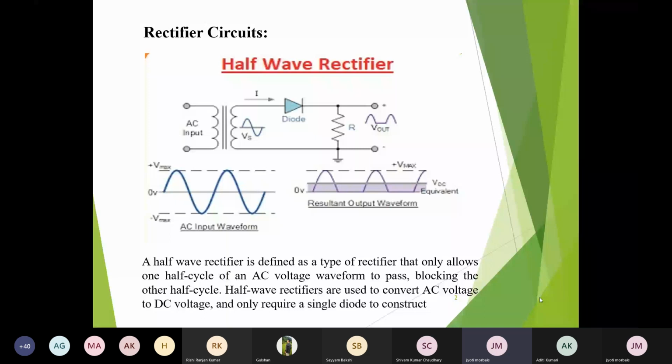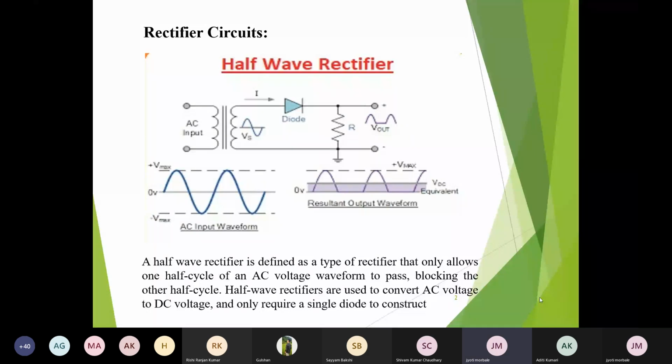Now in the second part we are going to see the applications of semiconductor diode. One of the most important widely used applications of semiconductor diode is the rectifier. So we are going to see how the diode can be used as a rectifier to get the desired result.